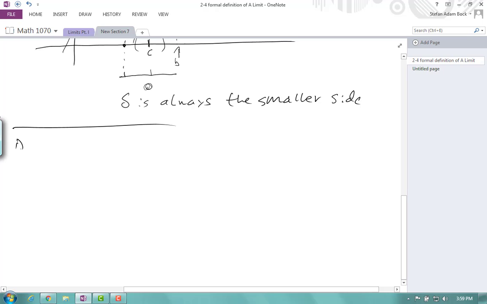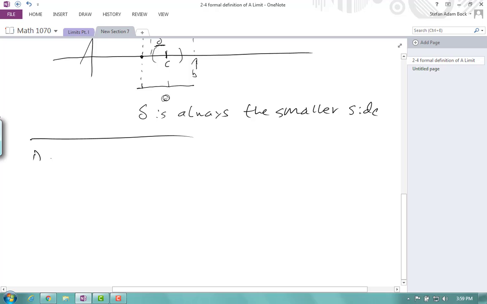So for example, I would want to verify that the limit as x goes to 3 of 4 minus 2x is equal to negative 2, like I think it is. If I use direct substitution, I indeed am going to get negative 2, because I'll have 4 minus 2 times 3, which is equal to 4 minus 6, which is negative 2.